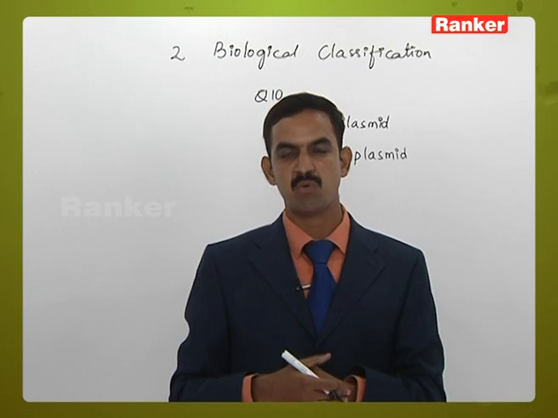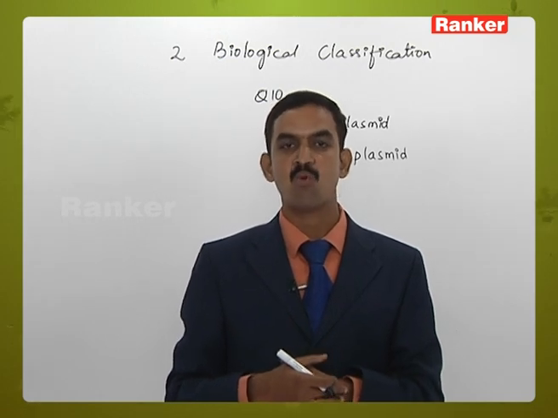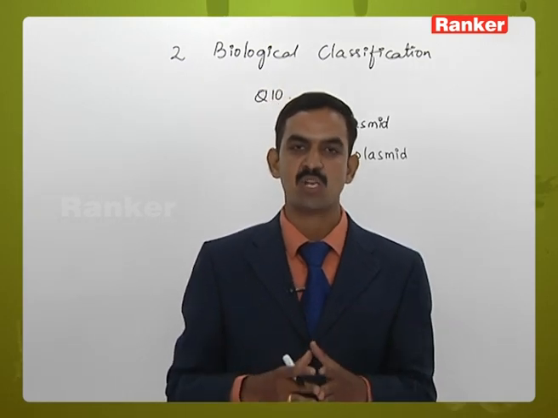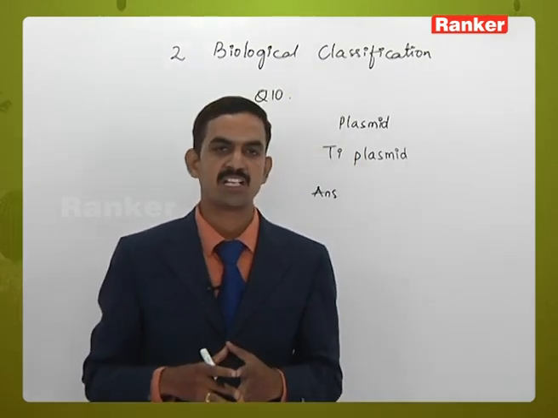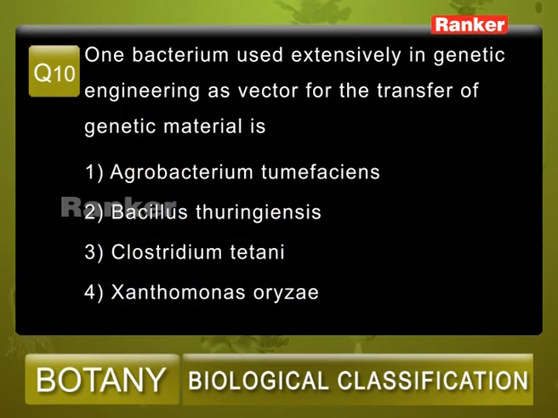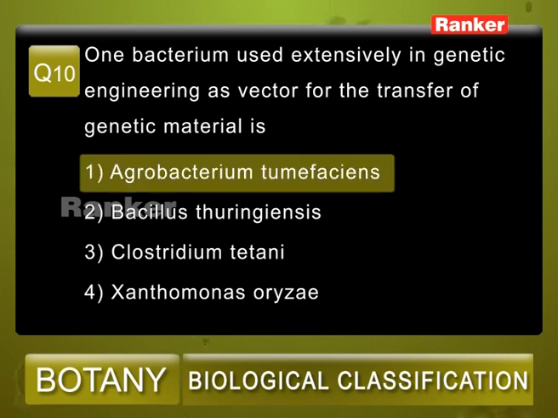One more special feature of the Ti plasmid is that it is the most extensively used plasmid, a natural vector for transfer of genetic material from one organism to another. Question number 10, the correct answer is 1.